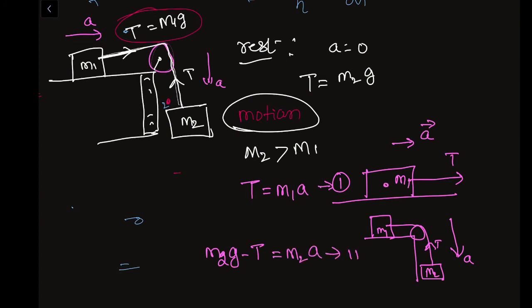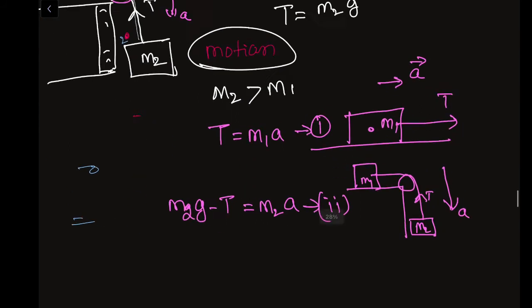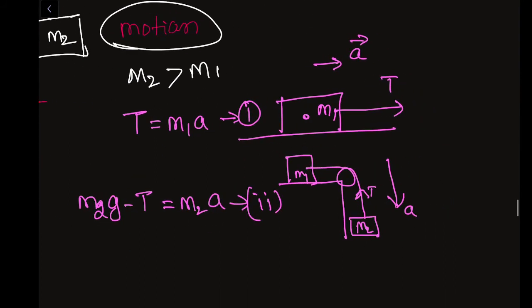This is equation 2. How can we write this? M2 moves downward, so M2G is positive, and in the opposite direction T is negative.